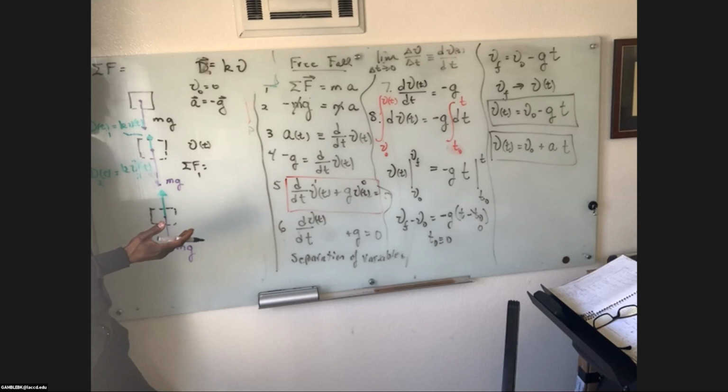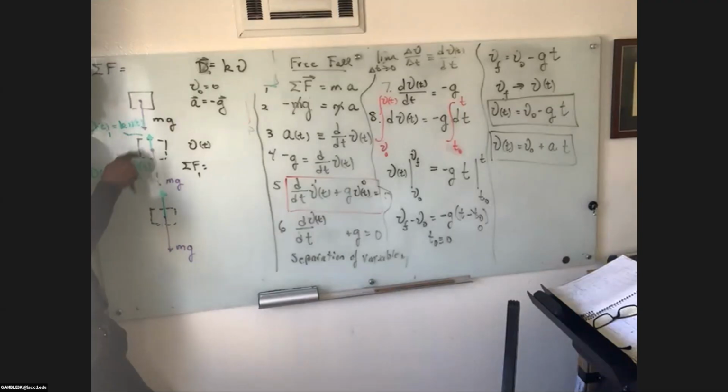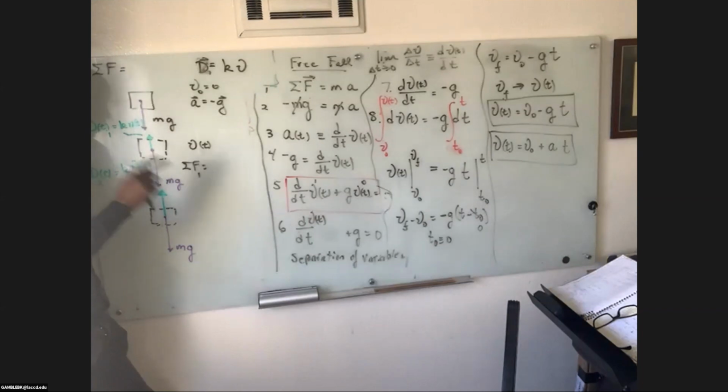Well, I've got two forces on the object, right? What are the two forces? K and V? K is not a force. Look here. What are the two forces? Drag force and acceleration? Acceleration is not a force. Mg is a weight.